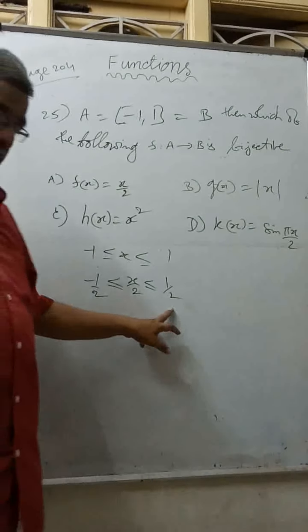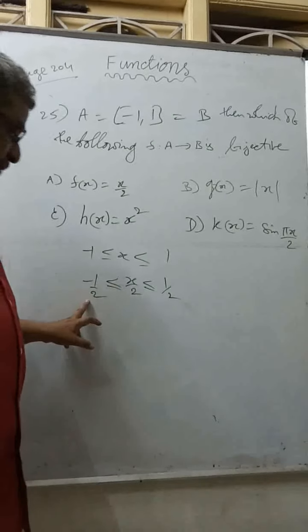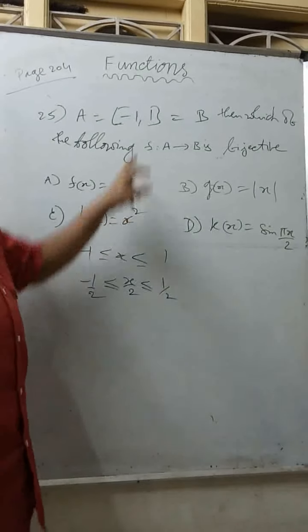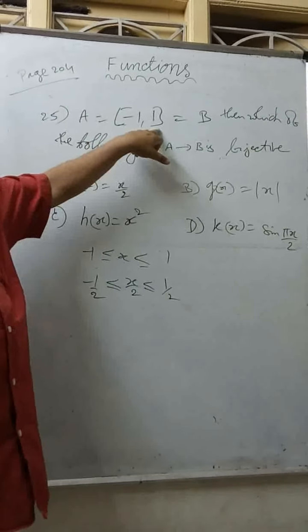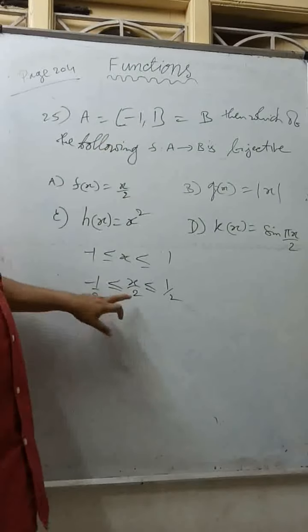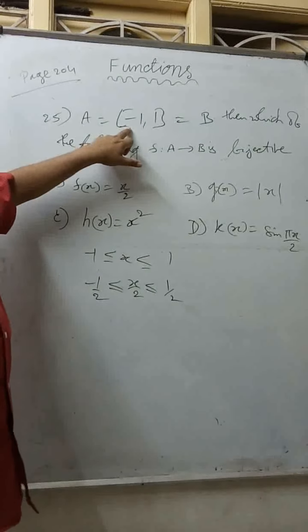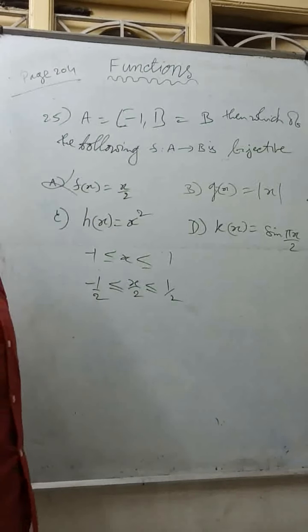So the range is between minus 1 by 2 to plus 1 by 2. But the codomain B is minus 1 to 1. So the range is not equal to the codomain. This is not one-one and onto, so it is not a bijective function.